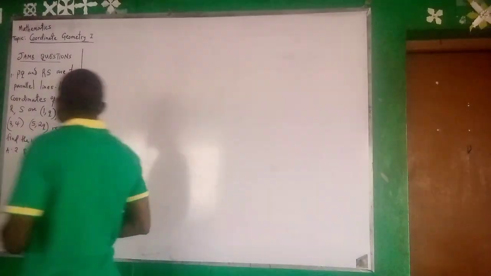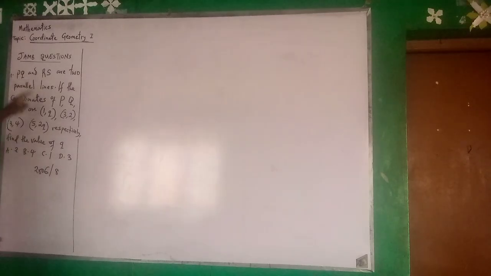The question says PQ and RS are two parallel lines. If the coordinates of P, Q, R, S are (1, q), (3, 2), (3, 4), and (5, 2q) respectively, find the value of q. This is a 2006 question.